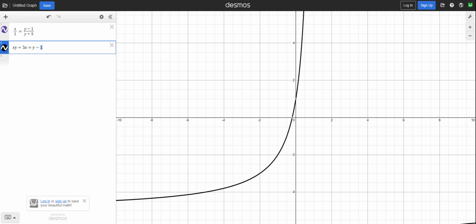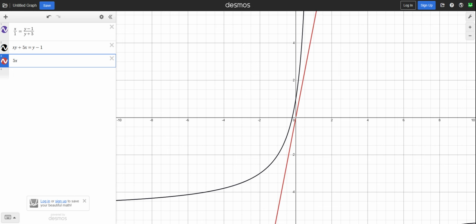Now, I need to take this 1 and get it over with x, and I need to get xy over with y. So when they move to the opposite side of equals, they change signs.